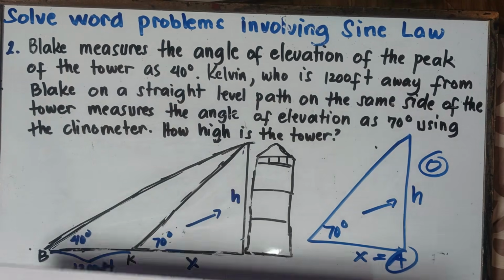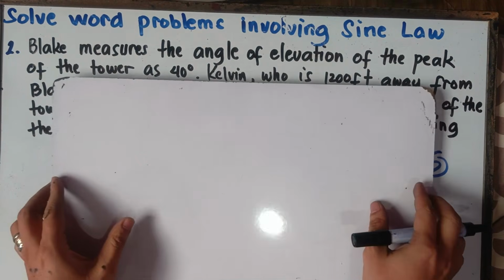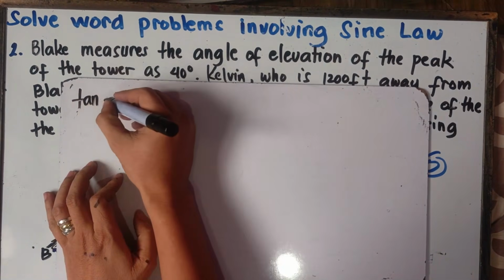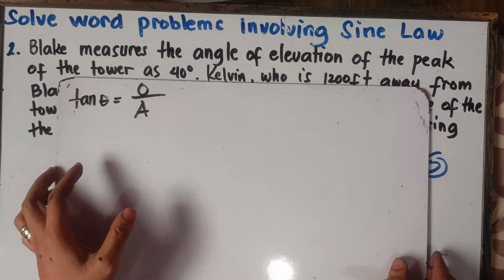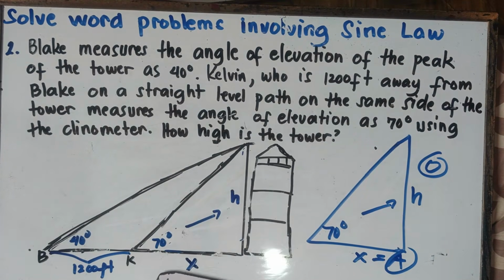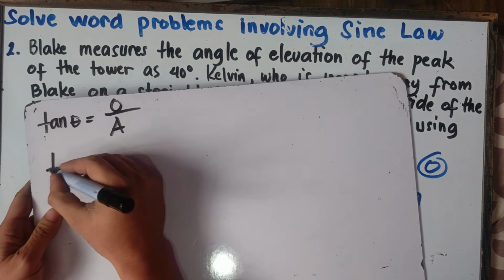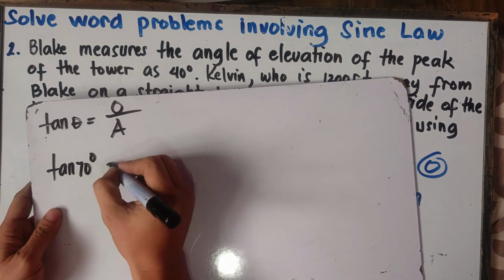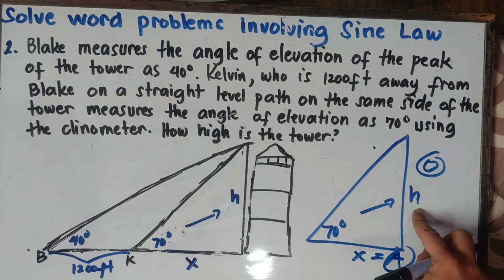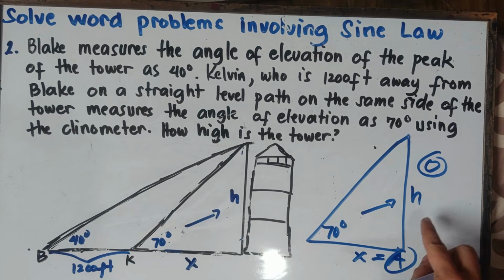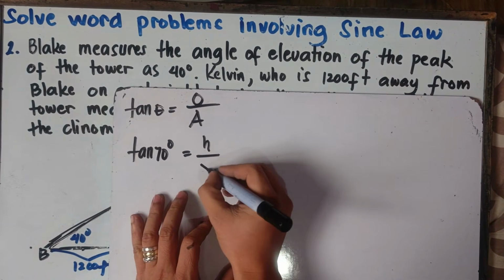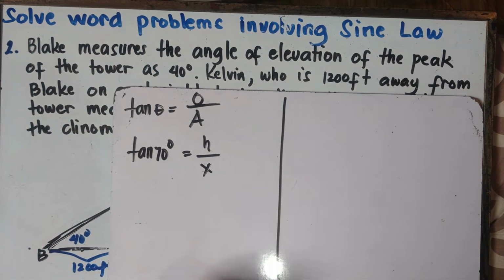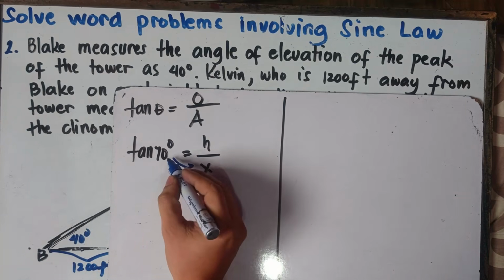Alright, so tangent theta for us to find h. Tangent theta is equal to opposite over adjacent. So tangent 70 degrees is equal to opposite, which is h, over adjacent, which is x. Then we can simply cross multiply.